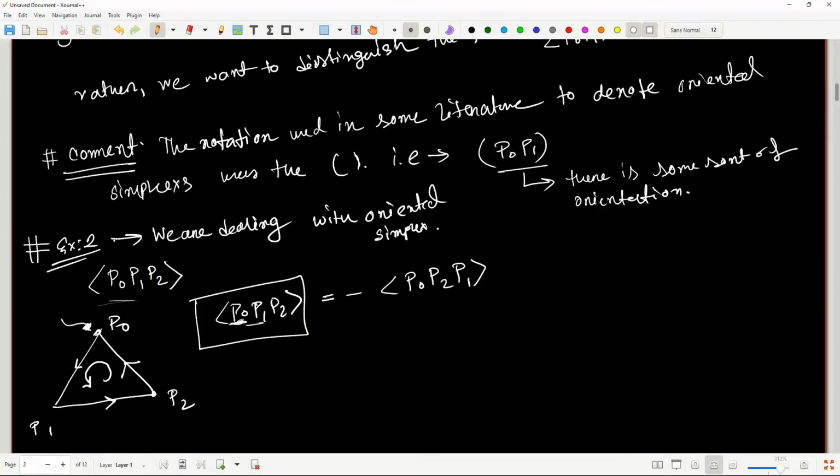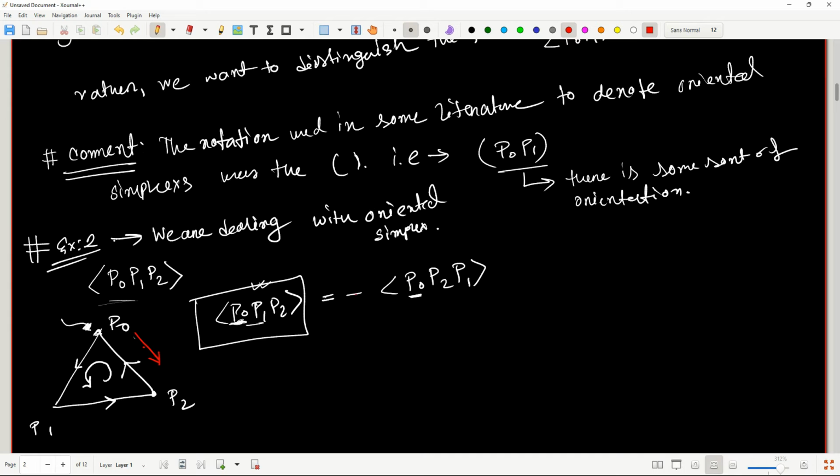However, with this description in mind, look at this guy. It says, oh, start from P0, but then you go to P2. But that direction is opposite to this orientation, right? The given orientation, so you pick up a minus sign.